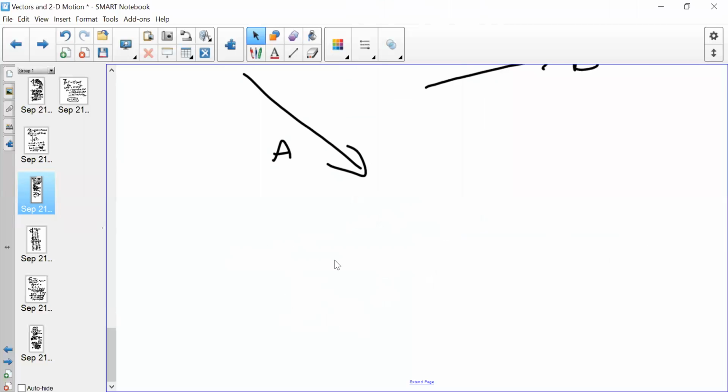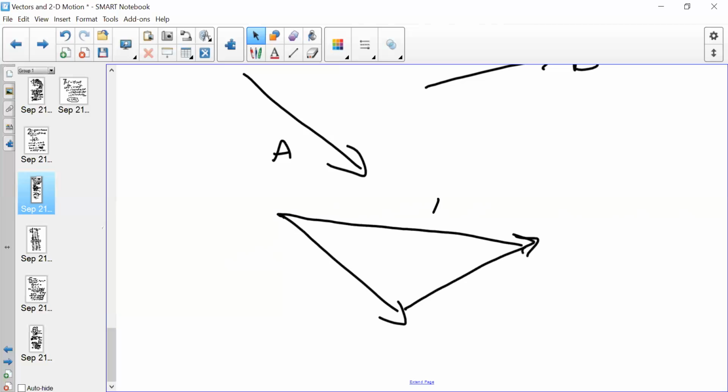Well, then same method, we just say A to, as best we can, B. We don't have to be so accurate now because we're not going to be adding them geometrically or using graph paper to draw these lines correctly. But this is the general form. The tip of A is going to be at the tail of B, and then we just draw the resultant vector from A all the way to B. And so we have a different configuration. And so we'll get into more of this, vectors and their components, next time.